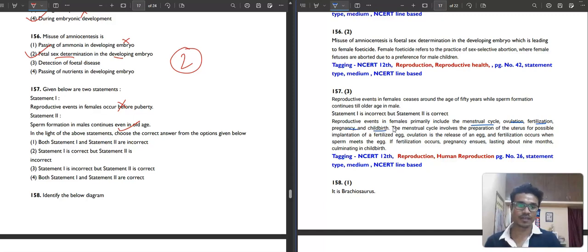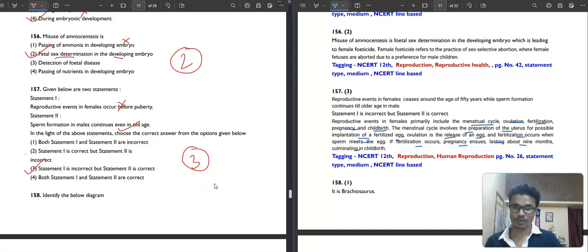The menstrual cycle involves the preparation of the uterus for the possible implantation of the fertilized egg. Ovulation is the release of an egg, and fertilization occurs when sperm meets the egg. Pregnancy lasts about 9 months, culminating in childbirth. So before puberty you can't have all this. Statement first is incorrect. Third option is your correct answer.